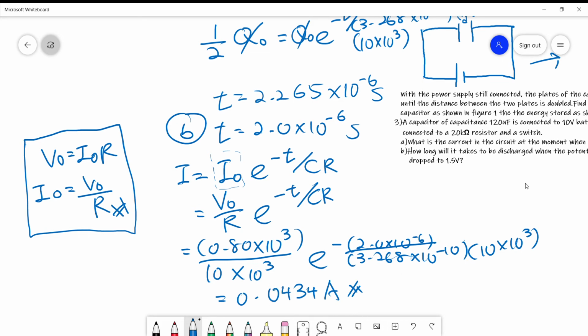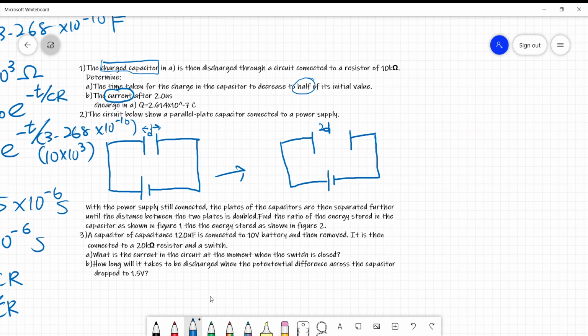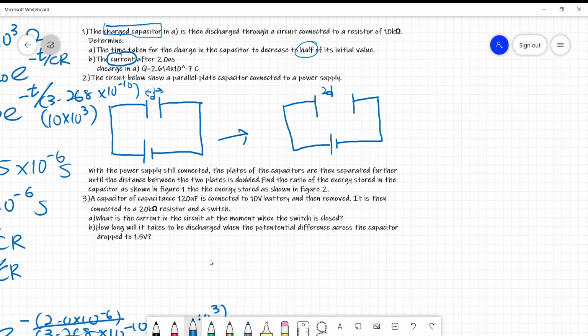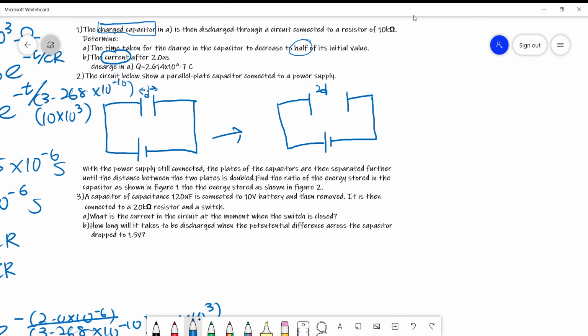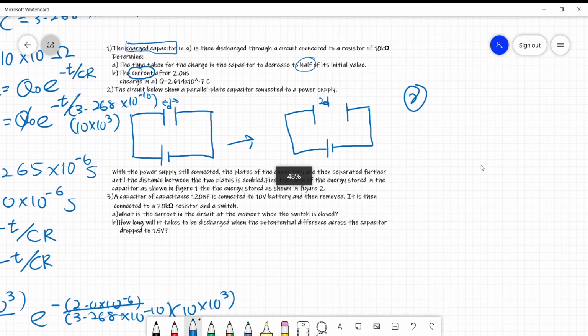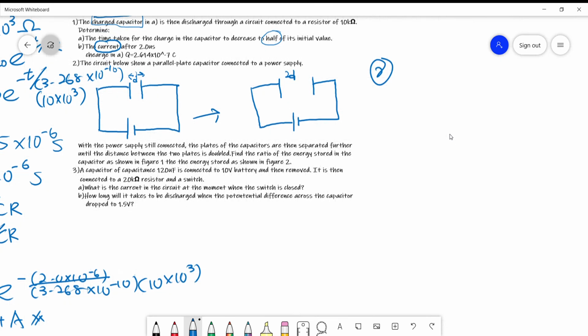Alright, so let's move on to question number 2. This is actually the additional question as I mentioned just now. The circuit below shows a parallel plate capacitor connected to a power supply.